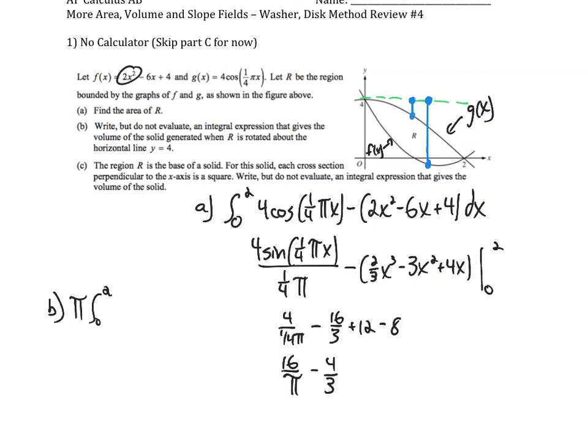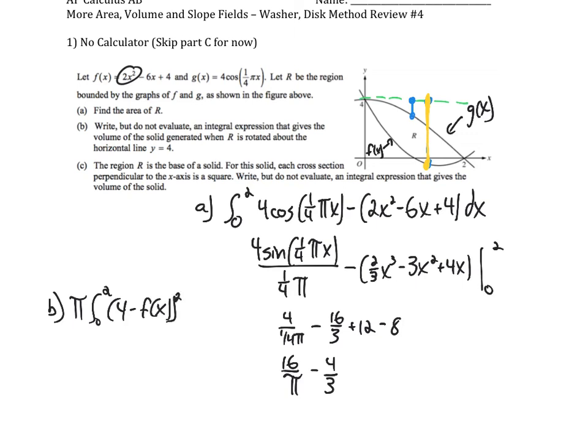So how would you define the distance between the green line and this function f of x down here? How would you define the distance between those two things, the line in green and f of x? Well, it would just be 4 minus f of x. 4 minus f of x.